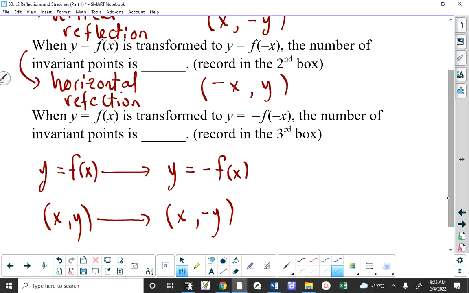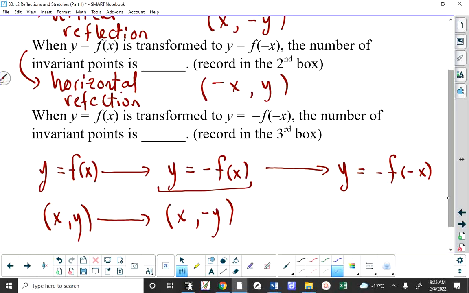It's reflected vertically. But if I go from any function to the identical function, so I'm looking at this now as being kind of the original function. I'm looking at changing this function. That's the original function. And I change that original function by changing the x to negative x, then that takes that function and reflects it horizontally.